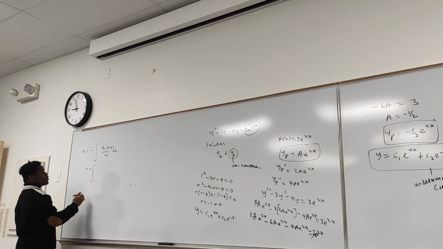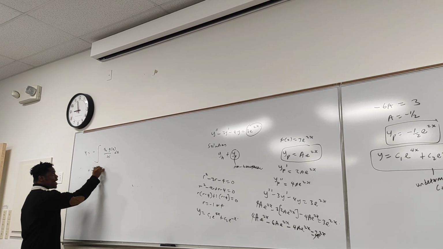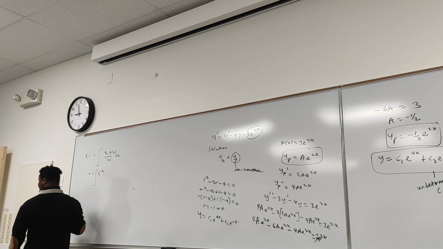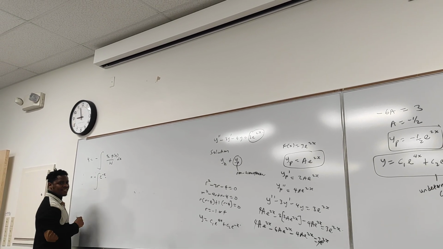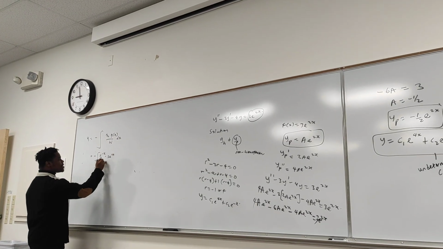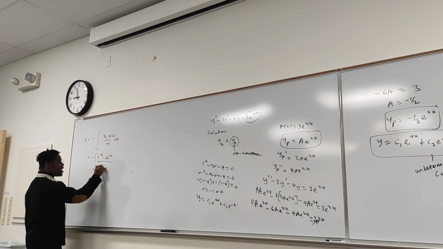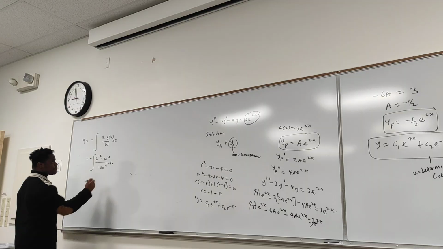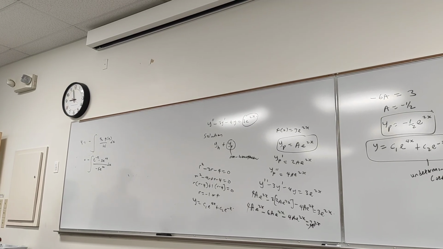Let's remove this minus. Our y2 is exponential minus x multiplied by g of x, which is 3e2x, divided by Wronskian, which is minus 5e3x, dx. Okay.